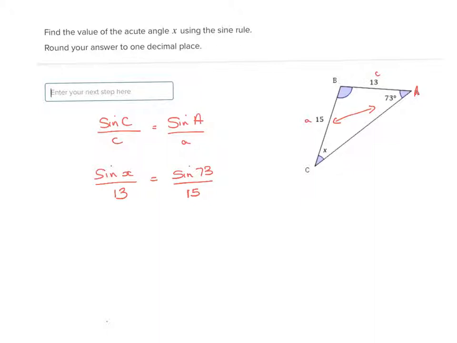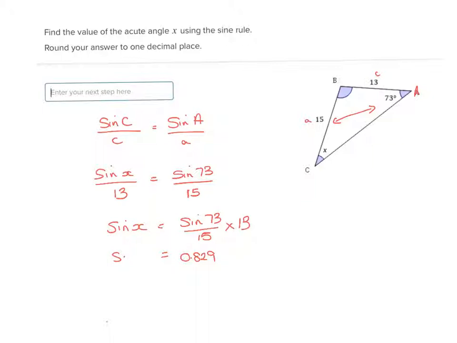So if I'm going to solve this by hand, what I would do is I would bring up the 13. And then when I put sine of 73 divided by 15 and times by 13, I put that into my calculator, and it gives me 0.829.